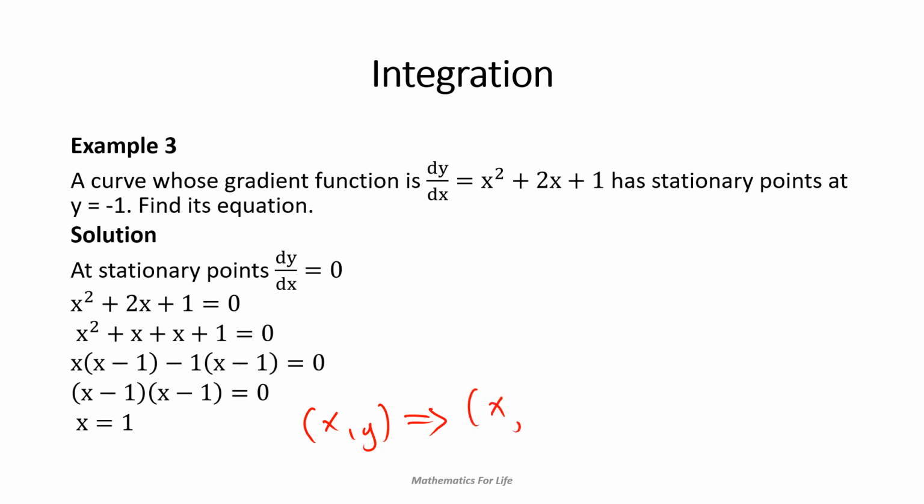We were already provided the value of y, which was -1, and therefore the stationary point finally becomes (1, -1). So therefore, this is going to be the additional information that we have and that we can use to determine what the arbitrary constant is going to be.